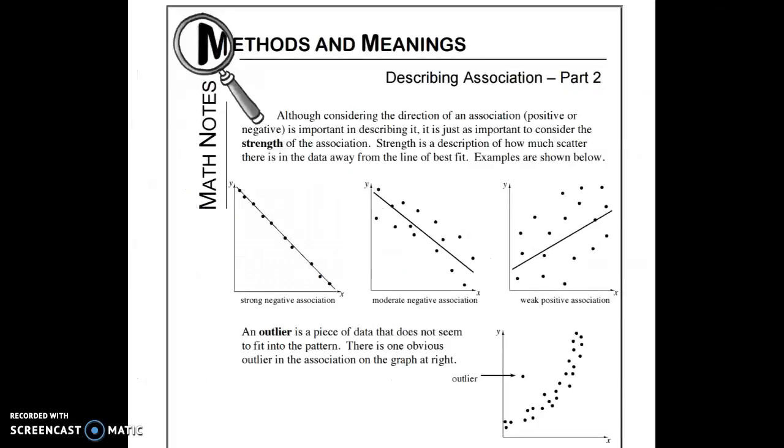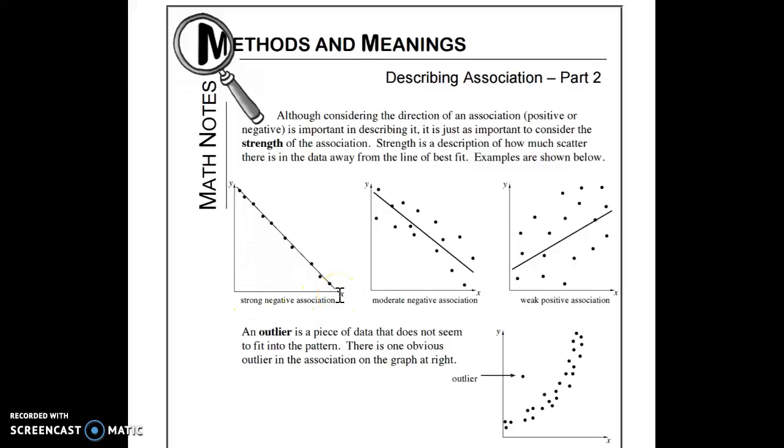Okay, so some more vocabulary that is introduced and strengthened for 8th grade students is positive and negative association. So this first graph here shows a negative association. As something increases on the x-axis, it is decreasing on the y-axis. An example of a negative association is the value of a car decreasing as its mileage on the odometer increases.